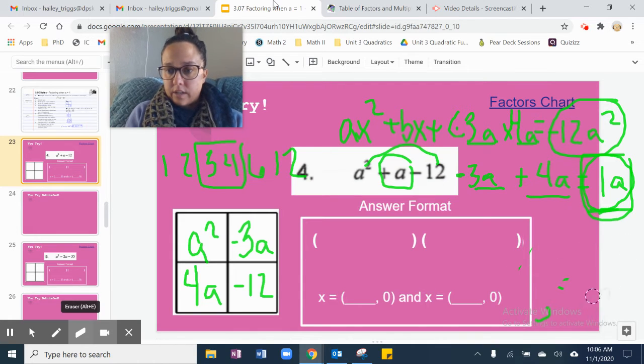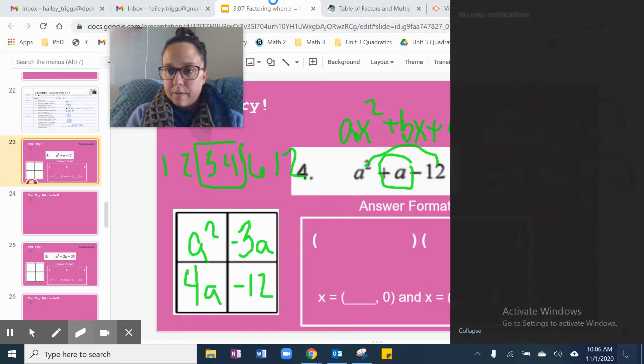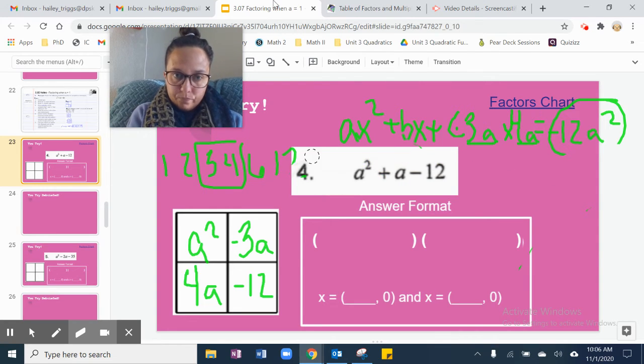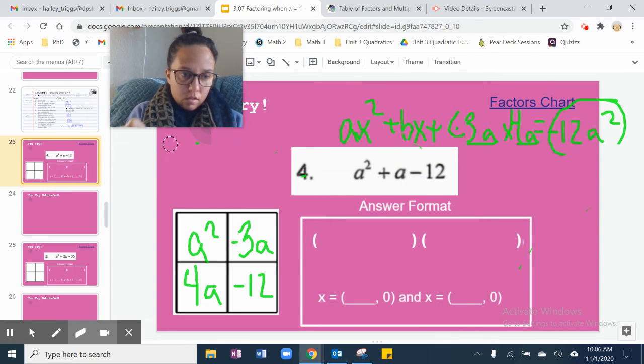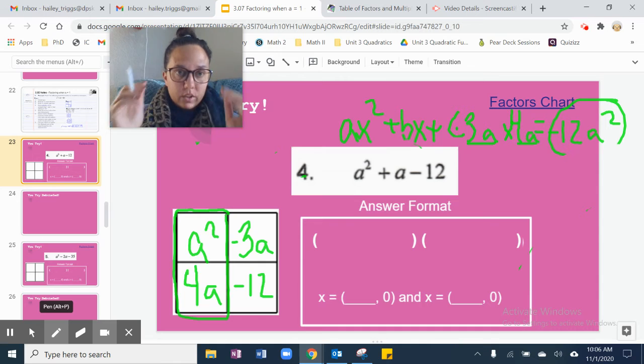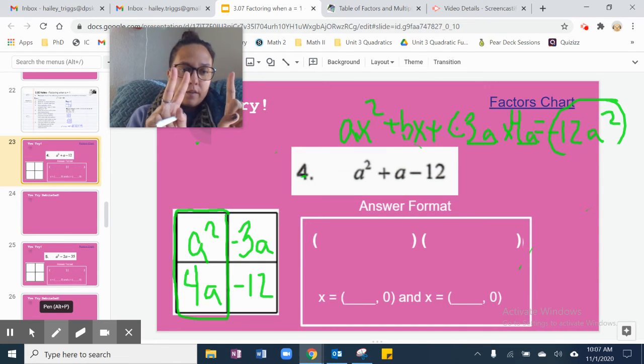So now let's factor out the greatest common factor from each row and column. So in that first row, we can't really take a number out besides 1 because a squared only has a 1 in front of it. So we have a squared and then 4a.